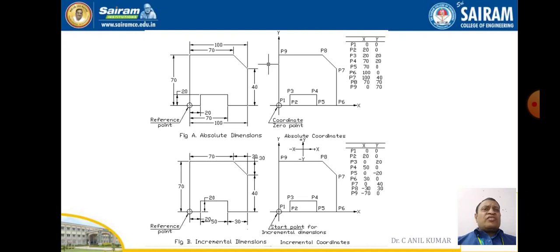As x is not varying, we consider that as 0, and as y is varying with a dimension of 20 mm, we give that dimension as 20. Then the point P3 is 0, 20. This type of dimensioning is the incremental dimensioning.